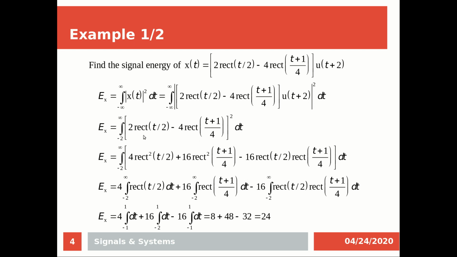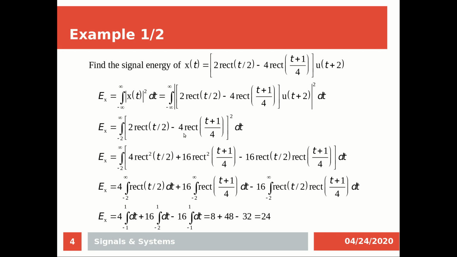We have a bracket of two functions to the power 2. So the square of the first one, 2 squared, is 4. The square of the rectangular function, the square of the second one, minus 4, so it will be 16, and this will be squared. And then the first one multiplied by the second one multiplied by 2.